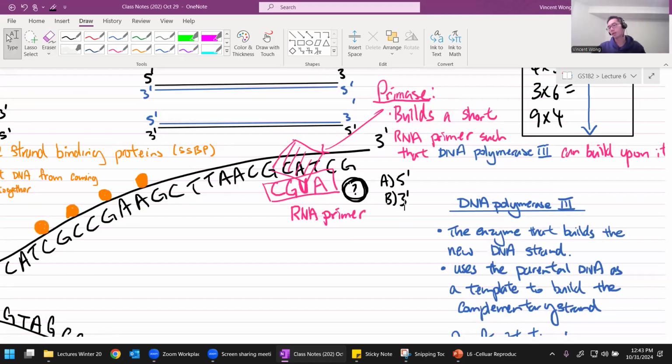Please choose the answer that you think is correct. What do I put over here on the right side of the primer? Should I put a 5? Should I put a 3?